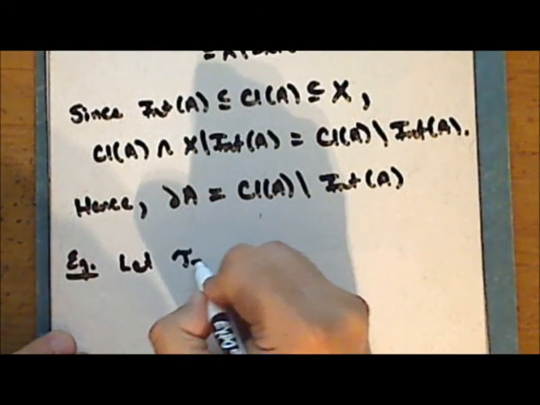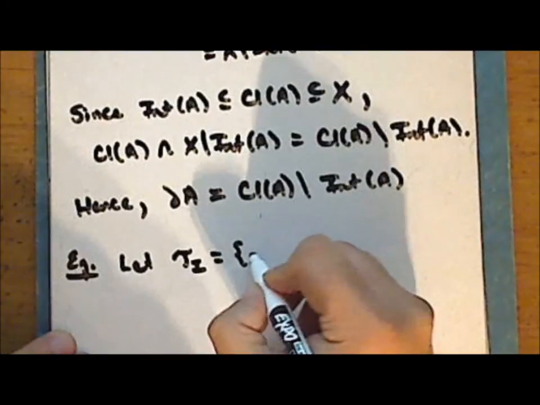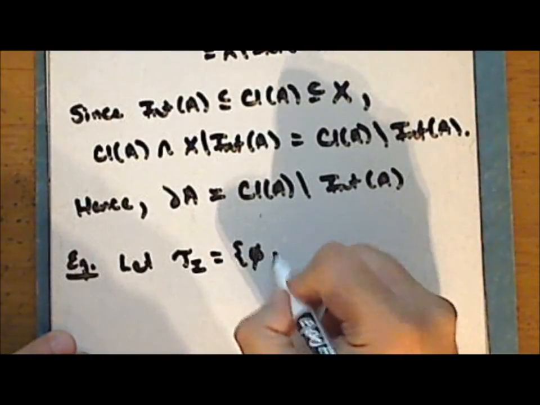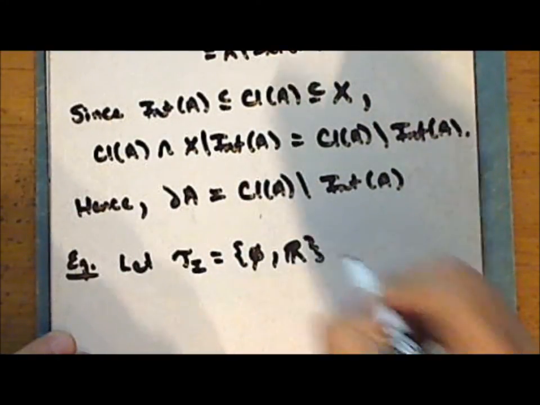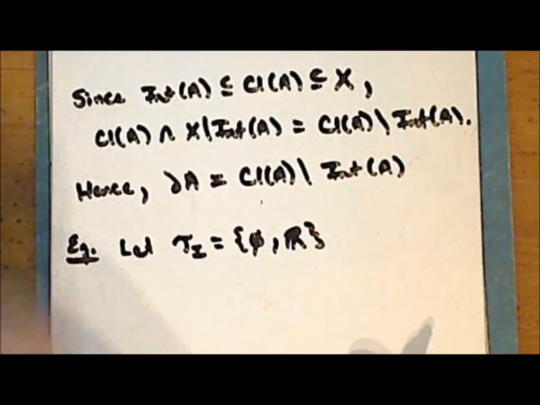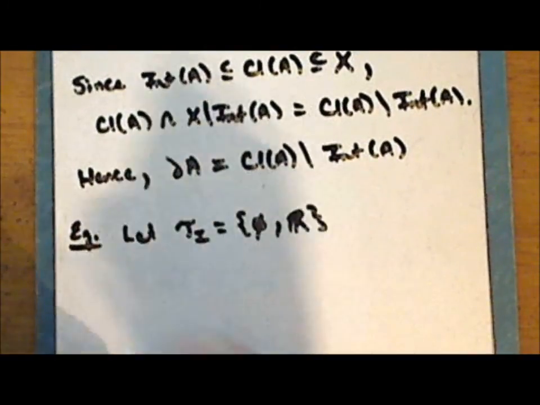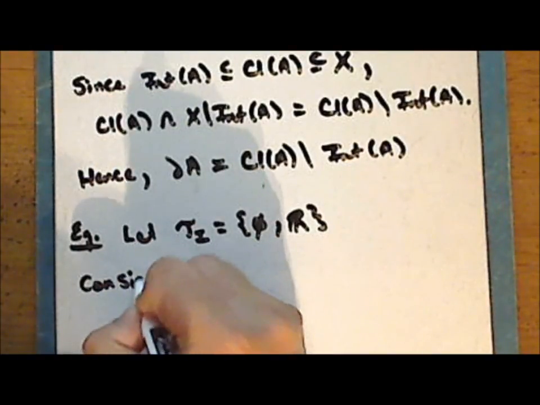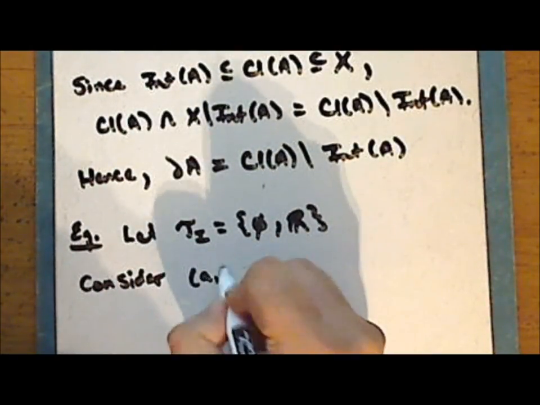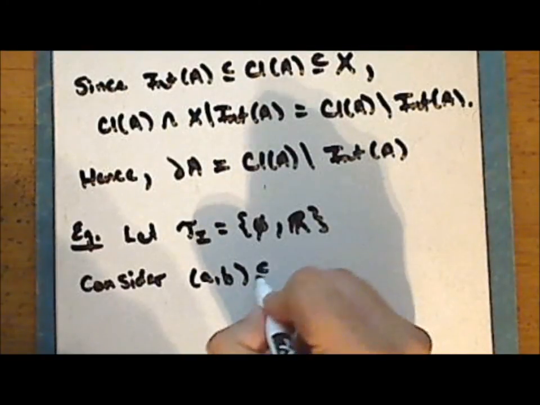Let tau sub I be the set containing the empty set and the set of reals. That is, we have the indiscrete or trivial topology on the set of reals. Let's consider the subset of the real line.